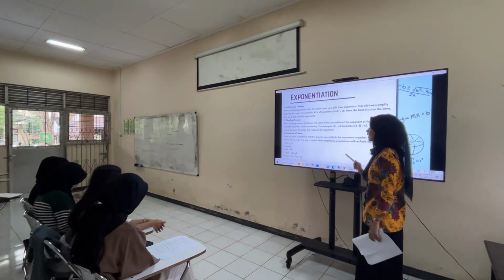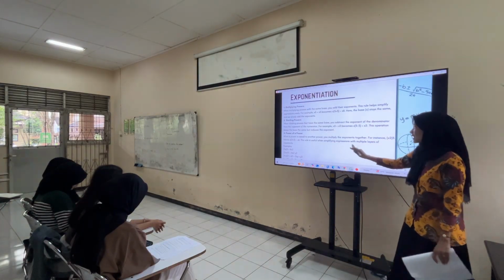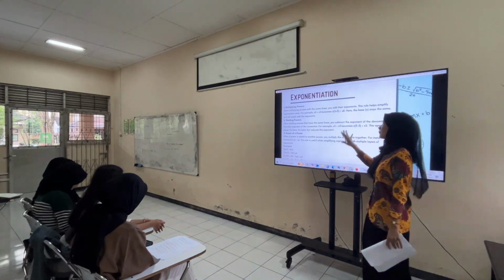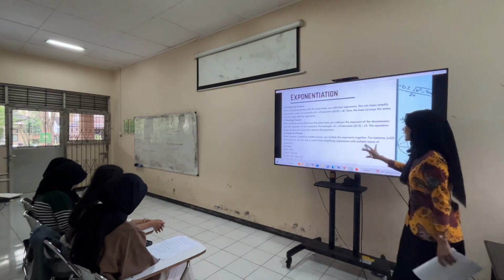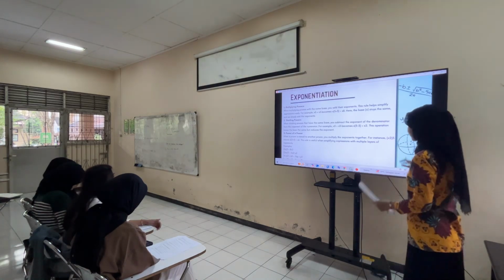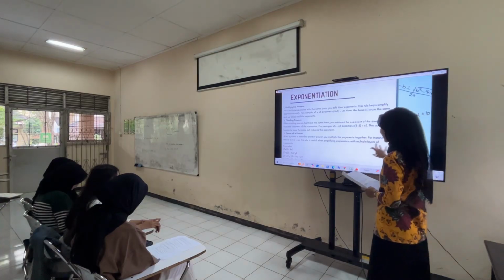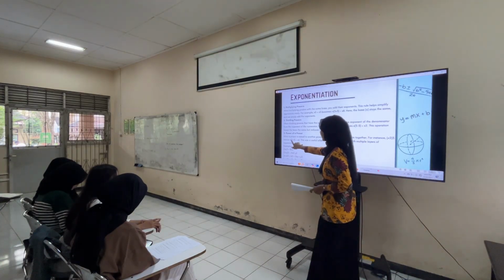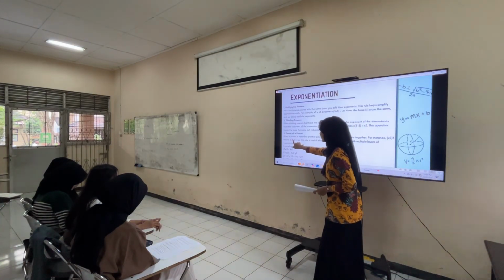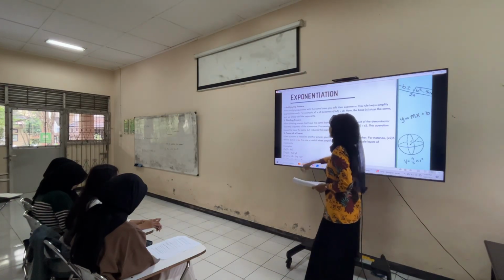And about power of a power, when a power is raised to another power, you multiply the exponents together. For instance, (x squared) cubed means x to the power of (2 times 3), or x to the power of 6.